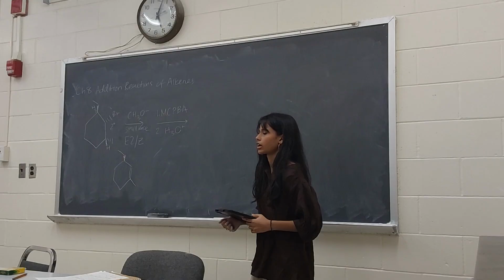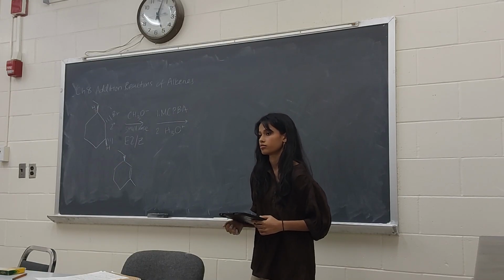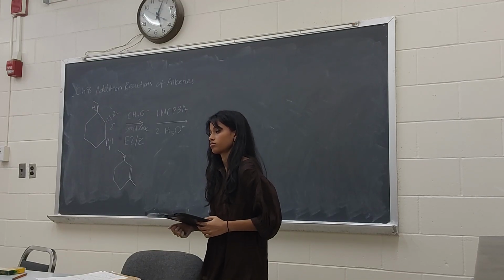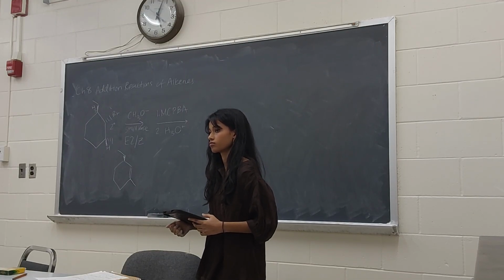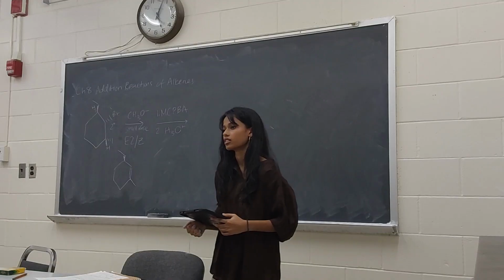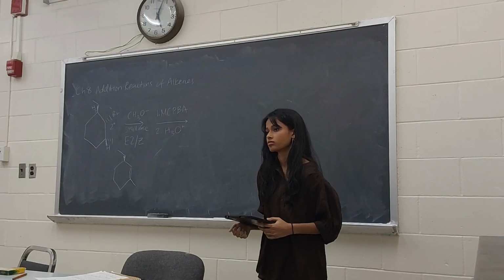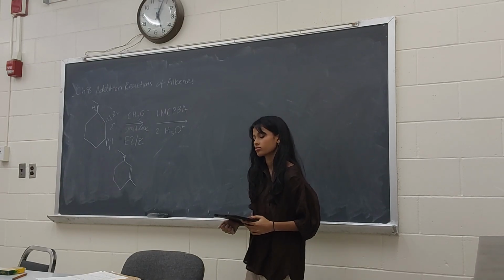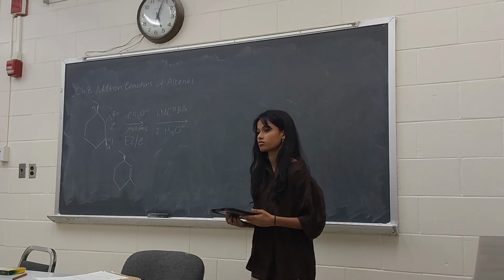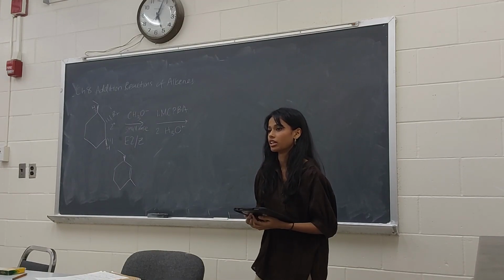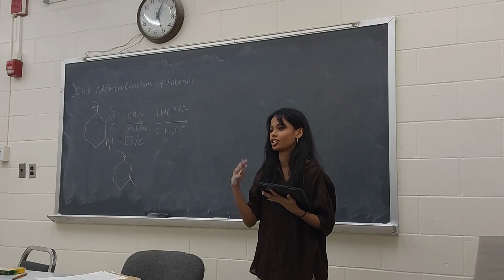When he started chapter 7 in class yesterday, it was hard because it was so many things at once. Of course it's complicated because you have to know what E2, SN2, Zaitsev, and Hoffman are. It's a lot to keep note of, but once you get it consolidated, it gets easier.